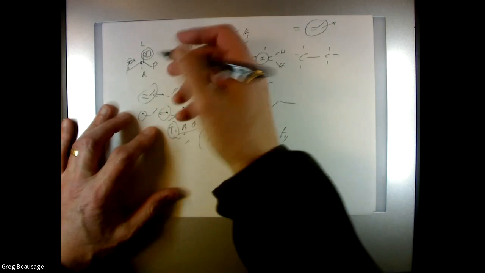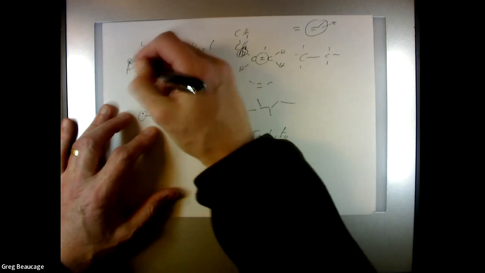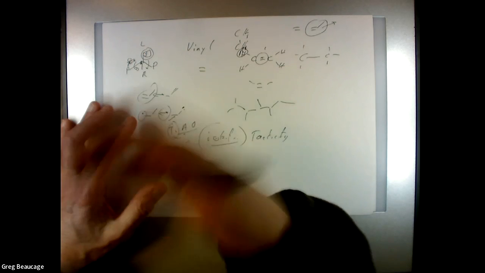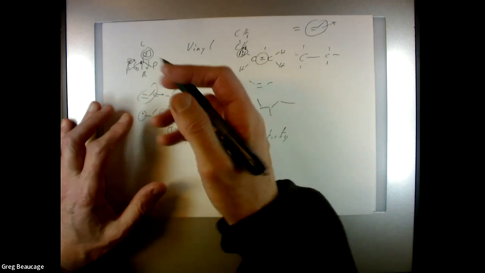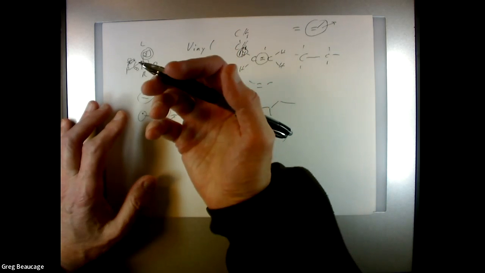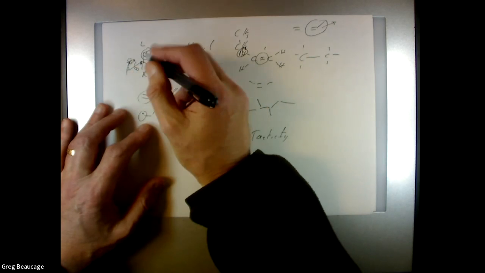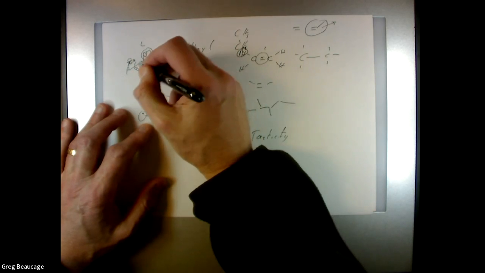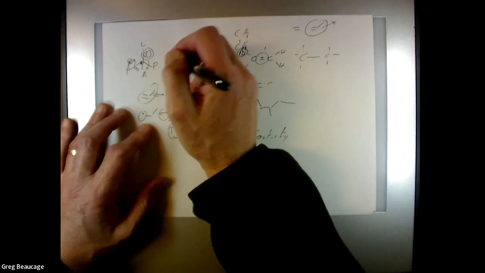So basically there's a choice when you get here. These are bonds that can swing around, so you can't draw a picture of this except in 3D. If you look at it, you couldn't really tell the difference, but the polymer knows the difference because it's going to form a helix from that. If you always go left, left, left, right?